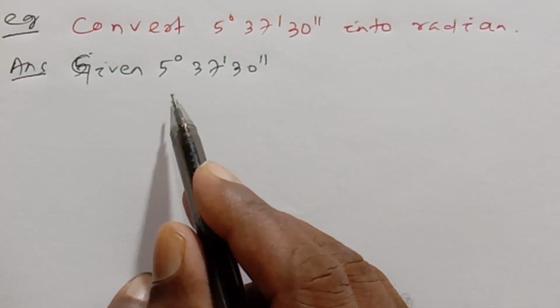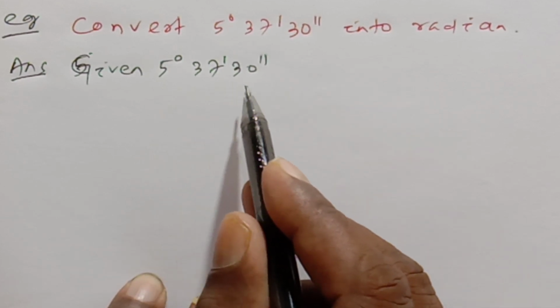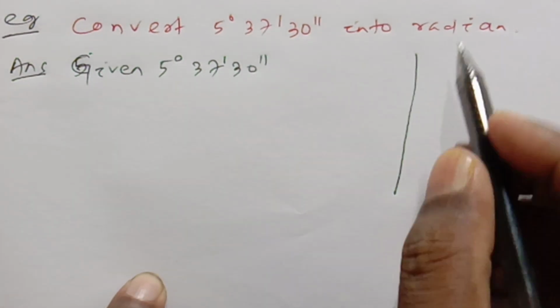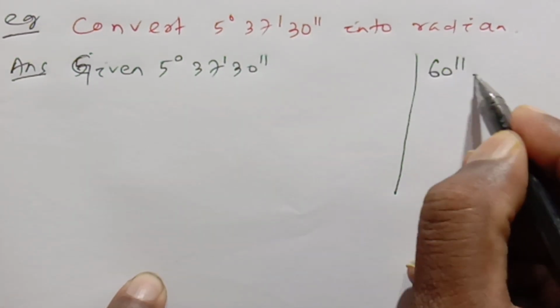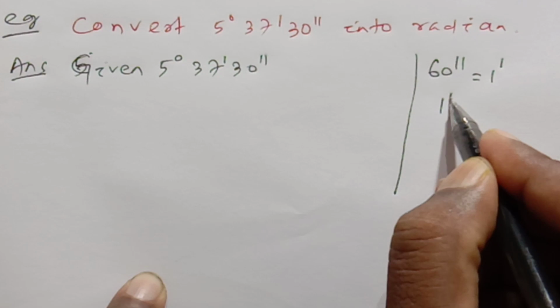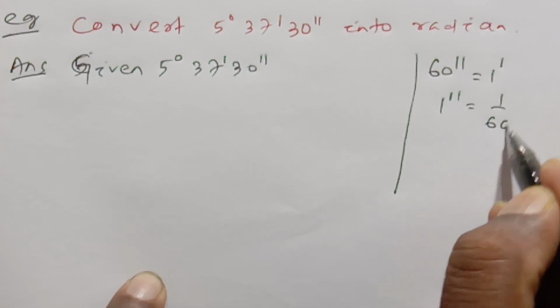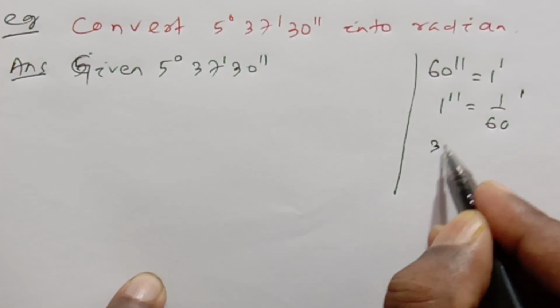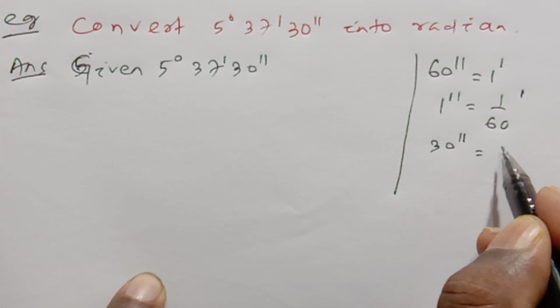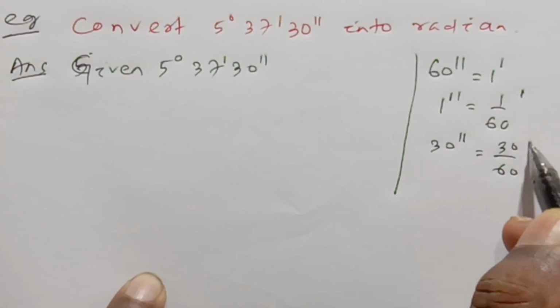Convert 5 degree 37 minutes 30 seconds into radian. Now, given 5 degree 37 minutes and 30 seconds, we know that 60 seconds is equal to 1 minute. So 1 second is equal to 1 by 60 minute, and that is why 30 seconds is equal to 30 by 60 minute.